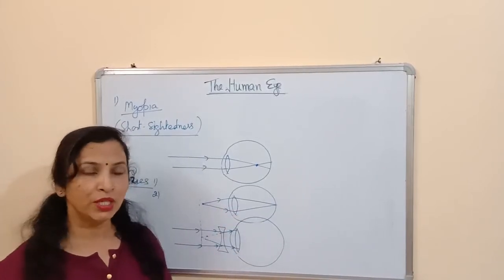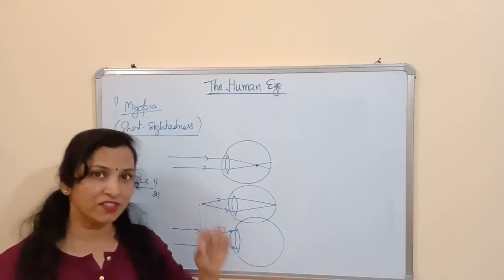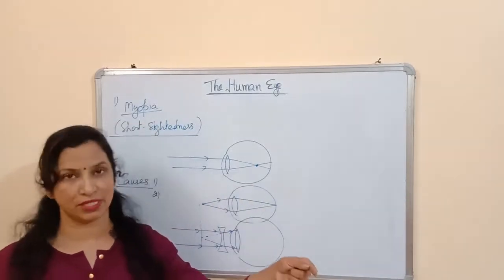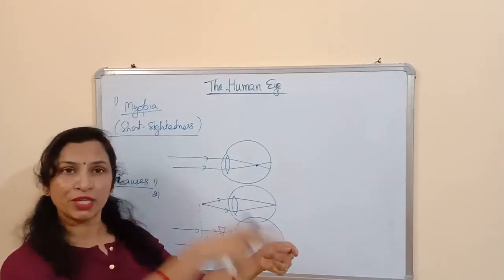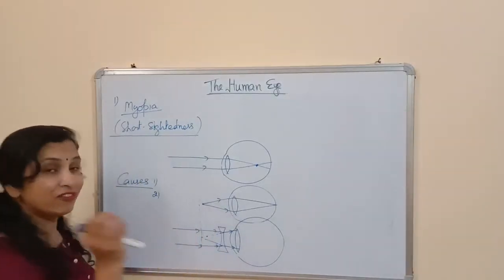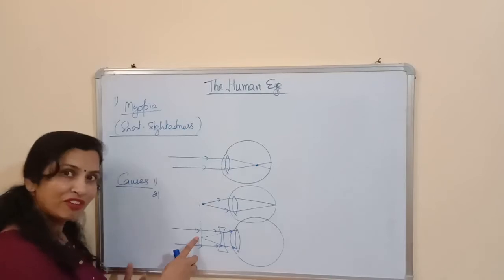Then the doctor will provide you a lens which will make the image of a far object at the distance of 5 meters, because you are able to see the object at 5 meters. So this lens will form the image of the object at the distance of your vision.